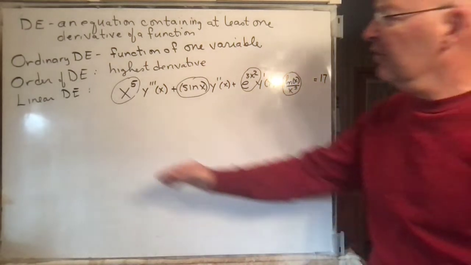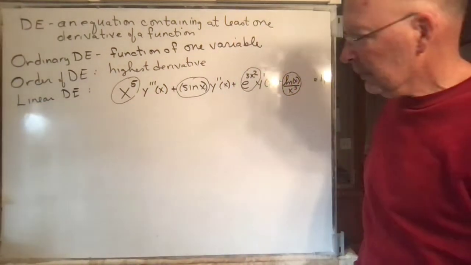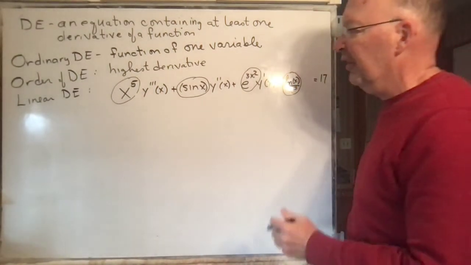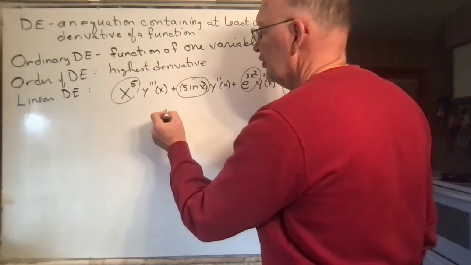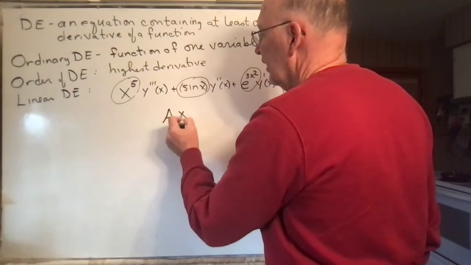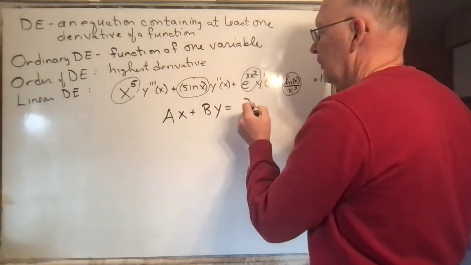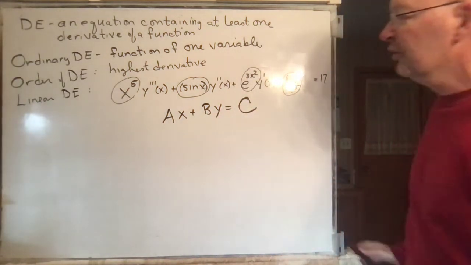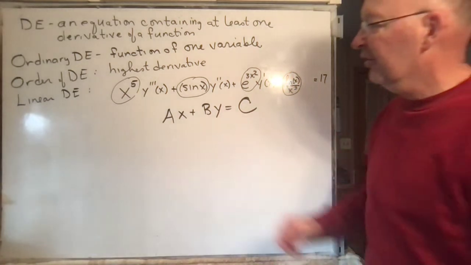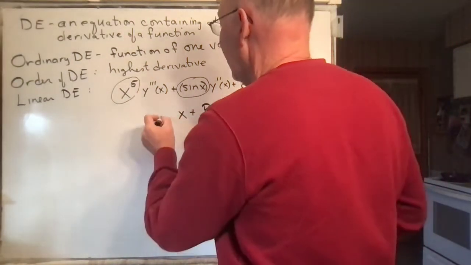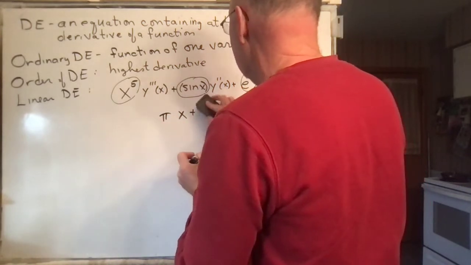And the question is, why do we call that linear? We'll get into the theory of that and give a fuller explanation later on, but think of it in terms of an equation of a line. The equation of a line is just something like this. There's the equation of a line in the plane, and notice this could be any sort of messy number you wanted. This could be pi, this could be e.